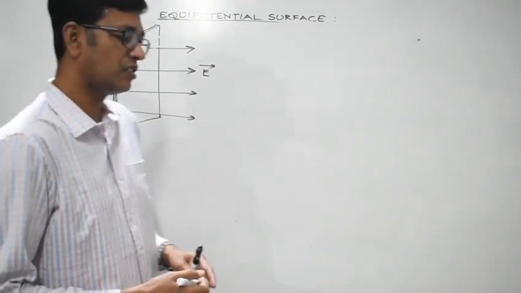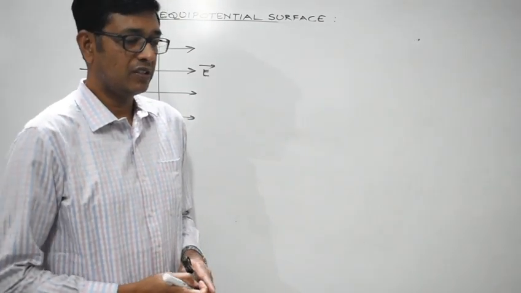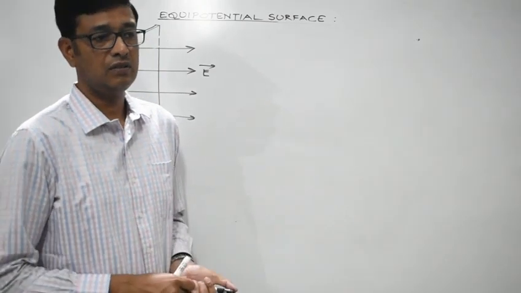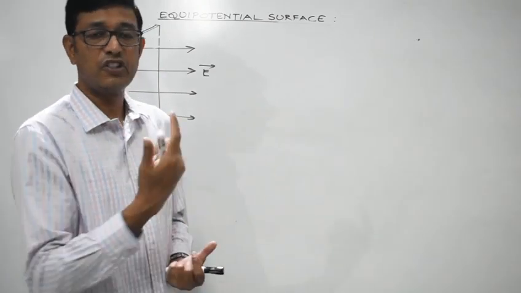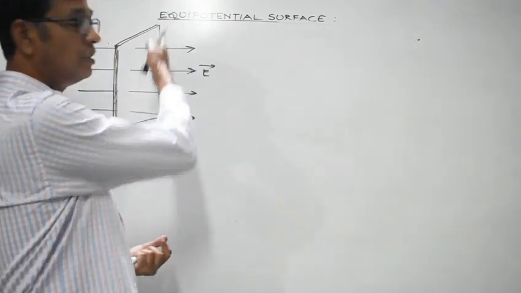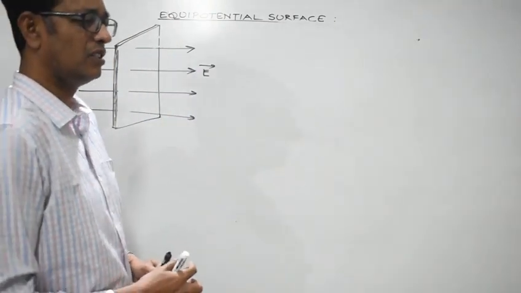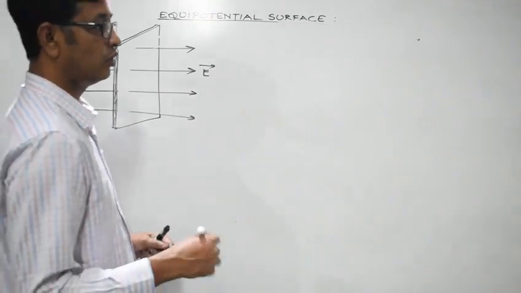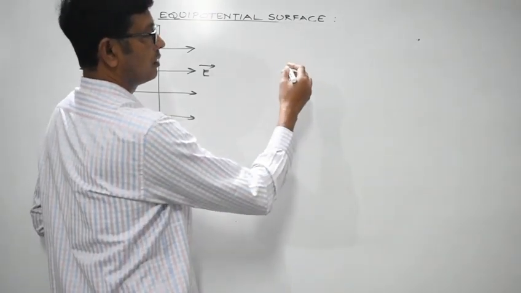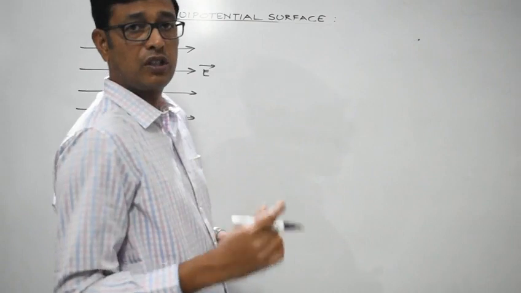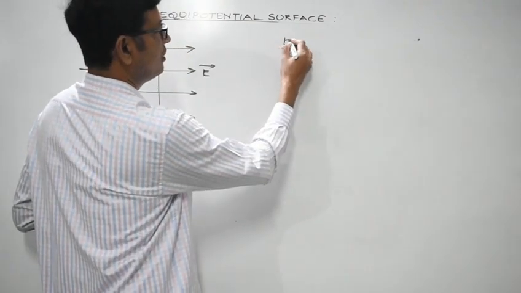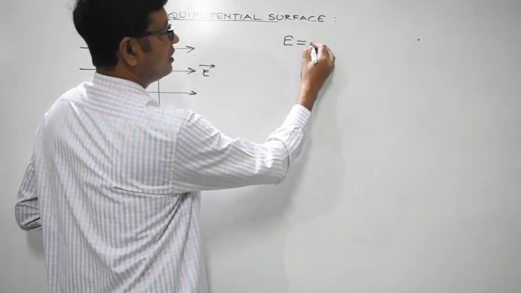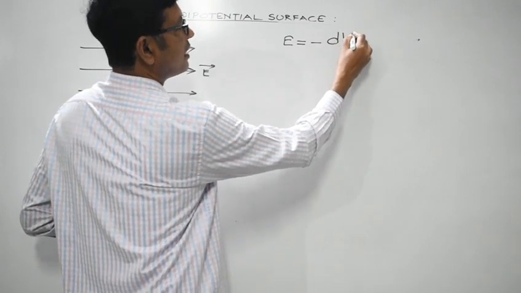So what we have discussed is that equipotential surfaces can be spherical, cylindrical, or even planar. Now there are some other important conceptual questions as well. For that, we need to consider a very important fact, that the electric field at a point is the negative of the potential gradient at that particular point.